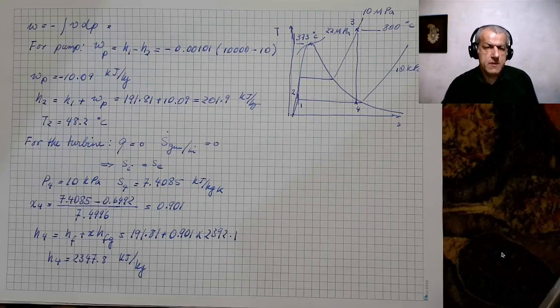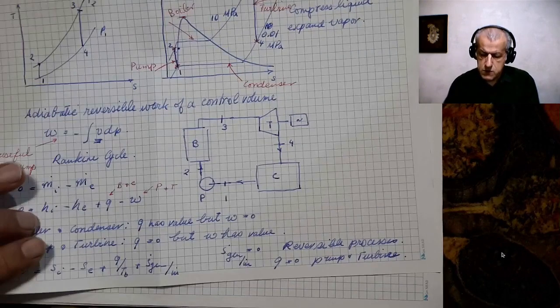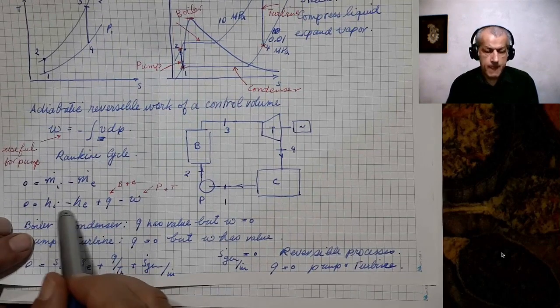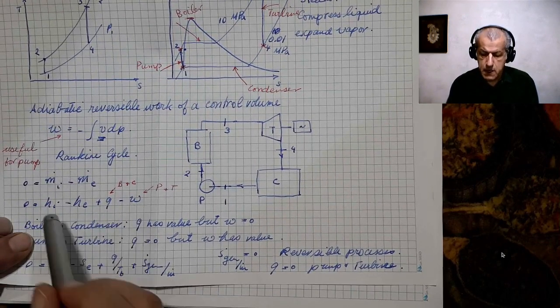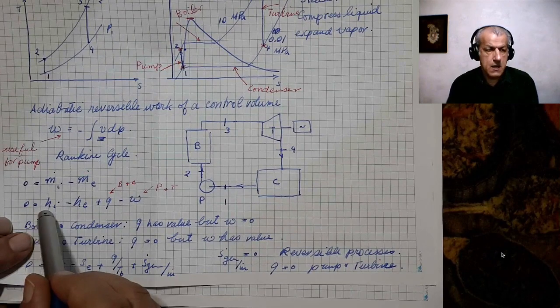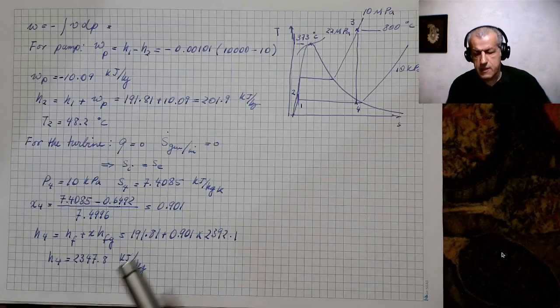The next step is calculating turbine work. Using this equation, there is no heat transfer for the turbine, there is work, and it's the difference between inlet and exit enthalpies.